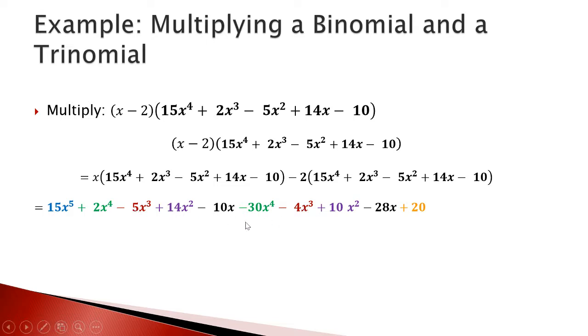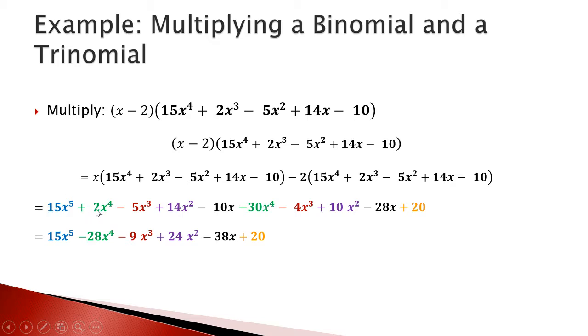So I have represented them in red color. And 14x squared and 10x squared are also like terms, and negative 10x and negative 28x are also like terms. So we have to simplify like terms, and then we have to combine those like terms.